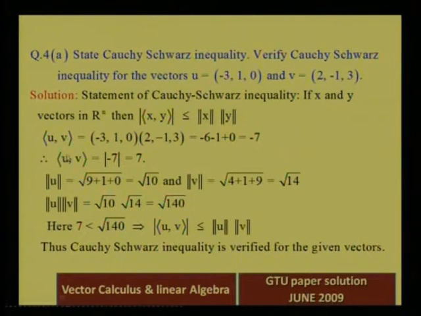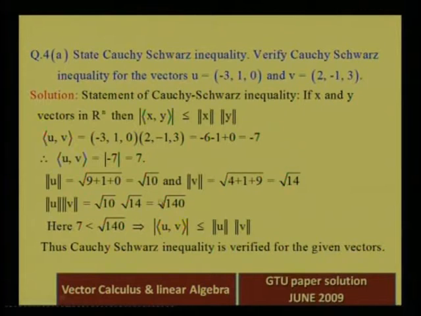When we find the inner product of u and v, that is equal to (-3, 1, 0) dot (2, -1, 3), so that is -3 into 2, that is -6, plus 1 into -1, that is -1, plus 0 into 3, that is 0.